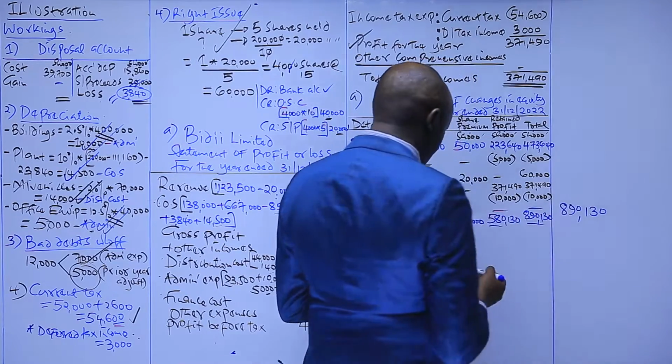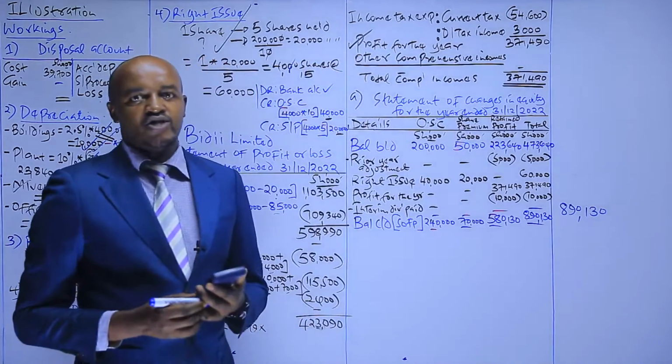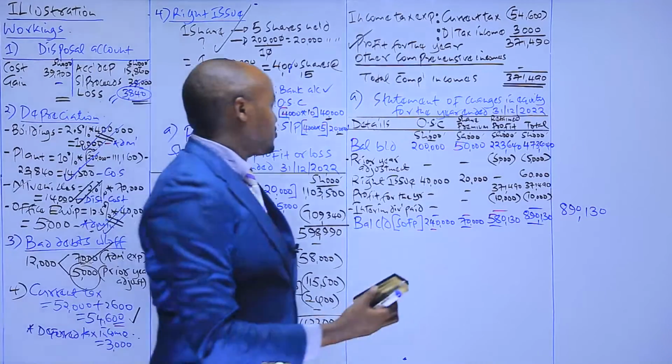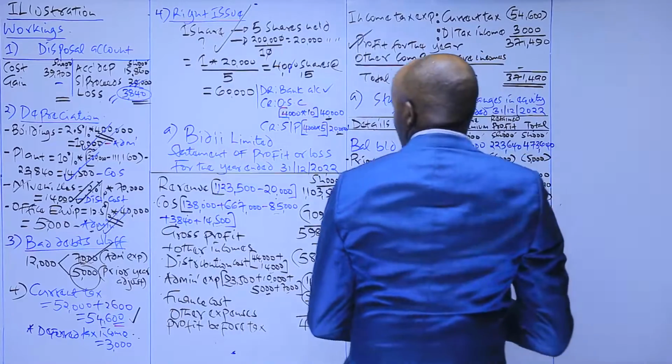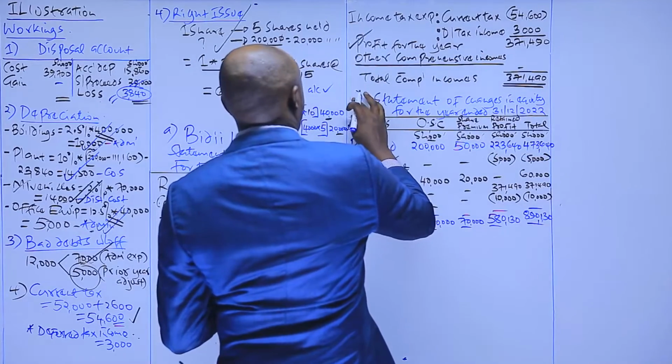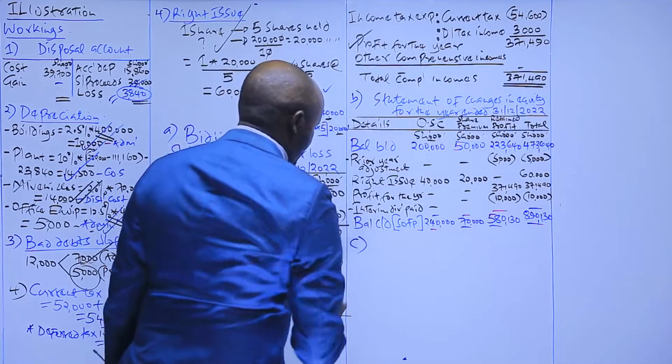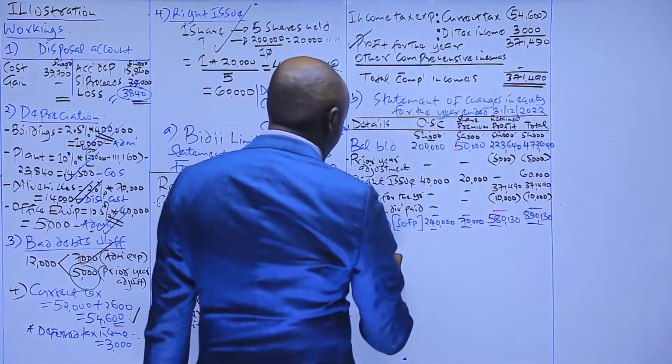Yes. So basically that is our statement of what? Changes in equity. Our statement of changes in what? In equity. And basically that was what was required in part B. Remember this is part B, not part A. So then finally we prepare now the statement of financial position.